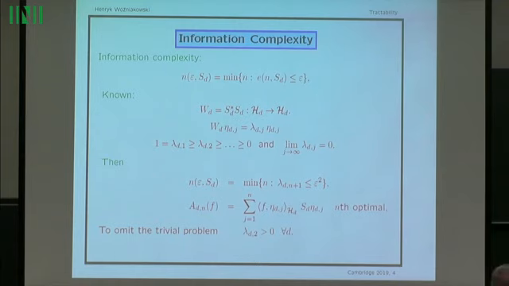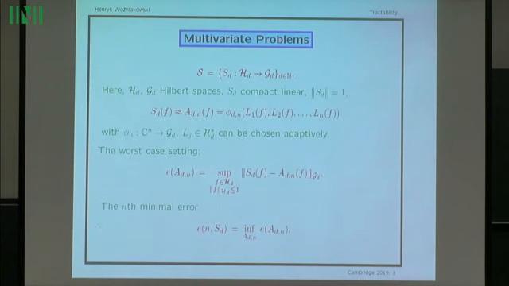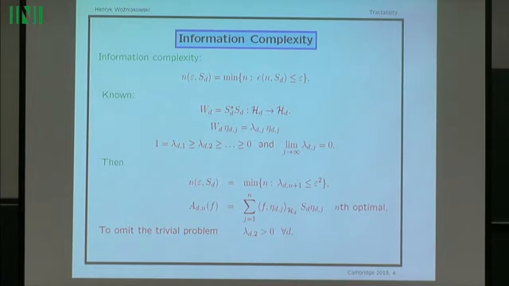Okay, so we take the operator W sub d, which is S_d adjoint composed with S_d. So W sub d is compact, self-adjoint, non-negative definite, and it has a full orthonormal basis, and I'm ordering the eigenvalues. Remember, for simplicity, I defined the problem by normalizing the norm of S sub d, which is the same as assuming that the largest eigenvalue is 1.